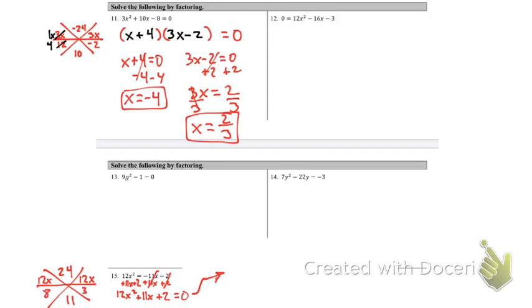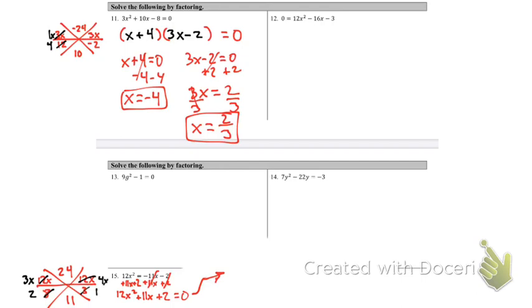Okay, we're going to reduce if possible, and we can reduce here by 4. So 12x divided by 4, that's 3x. 8 divided by 4, that's 2. Okay, and then we also can reduce here. We could reduce by 3 here. So 12x reduced by 3, that's 4x.